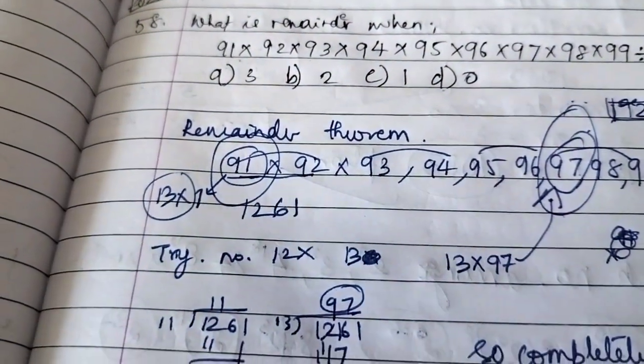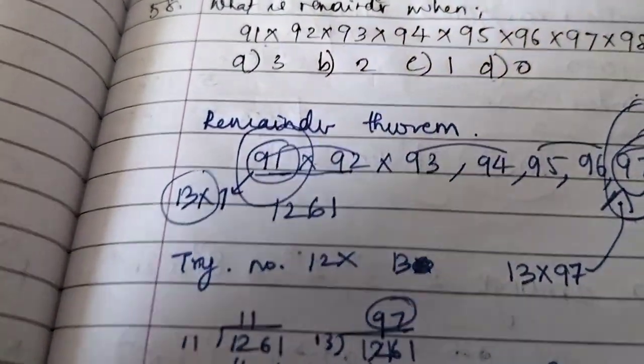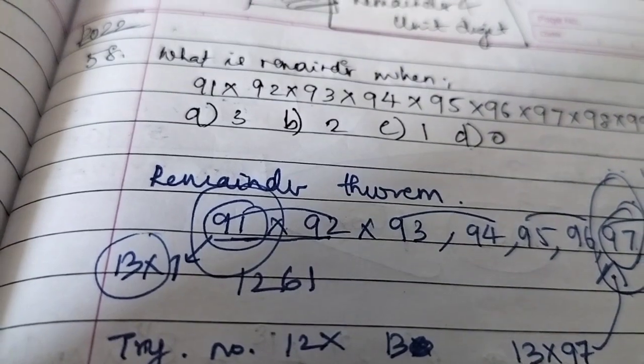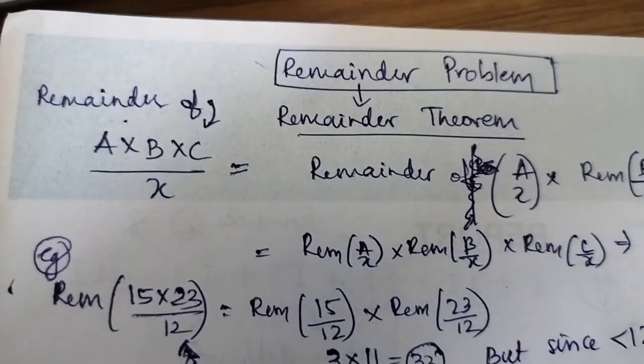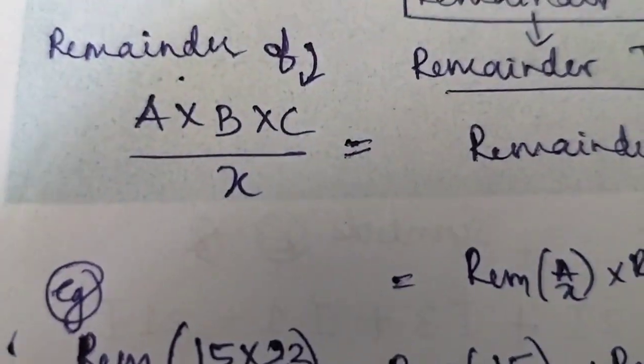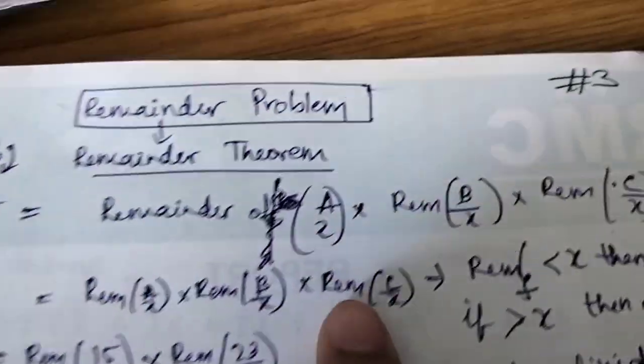So I recalled the remainder formula, which is something like this. If you want to find the remainder of this particular product, this is the formula.